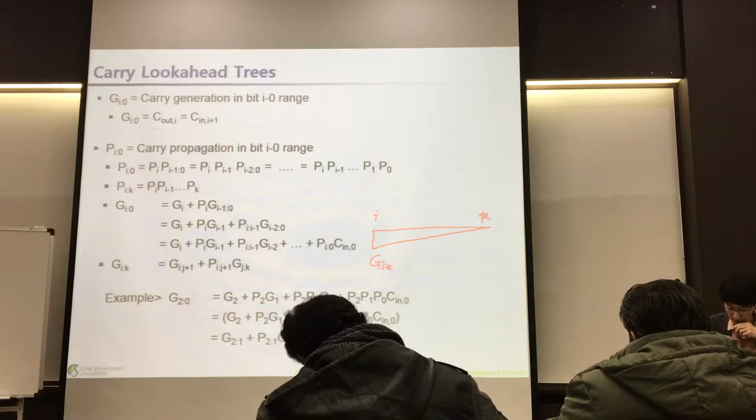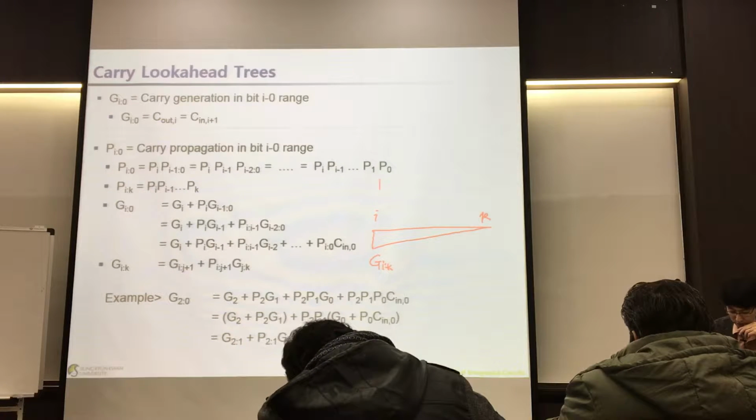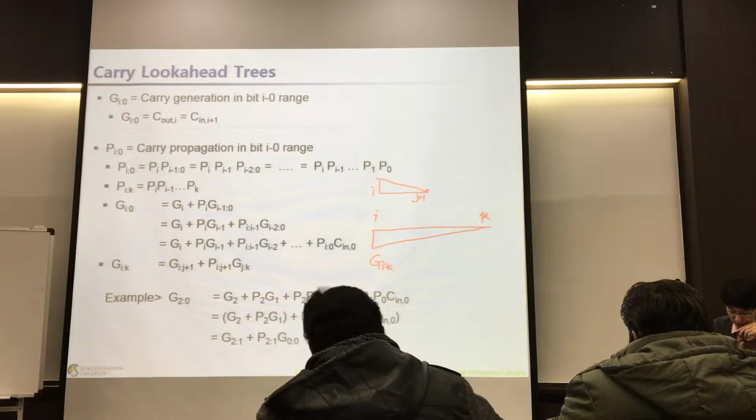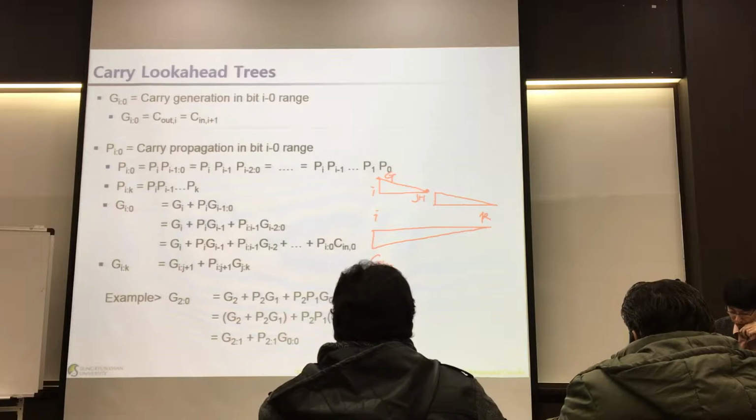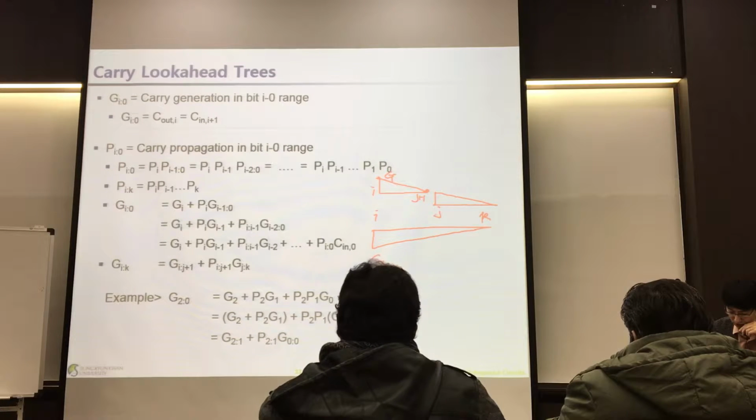We can rewrite this as carry generation for the ith bit to, let's say, the j plus 1th bit, and then we can think about the carry generation condition for the rest of the bit range, so j to k, right? So here I to j plus 1, here j to k.